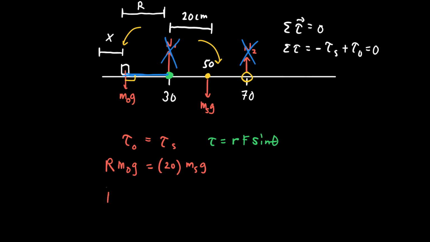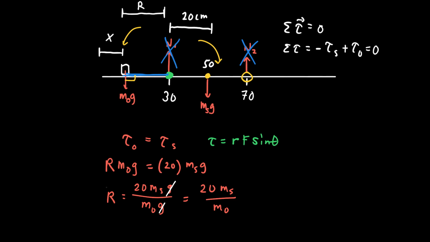So in this equation, what I'd like to do is solve for r. And what I see here is that r equals 20 ms g divided by m of the object times g. The acceleration due to gravity cancels, and what I'm left with is 20 times the mass of the meter stick divided by the mass of the object.